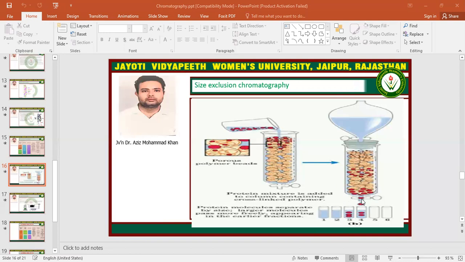And when there is color, we separate the particles in tube number three, and when the color changes, we separate the product in a new tube, and when it changes another time, we separate it in another tube. So different fractions will be collected from this size exclusion chromatography.